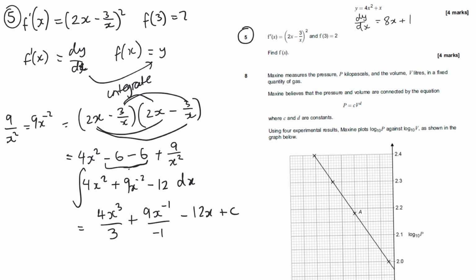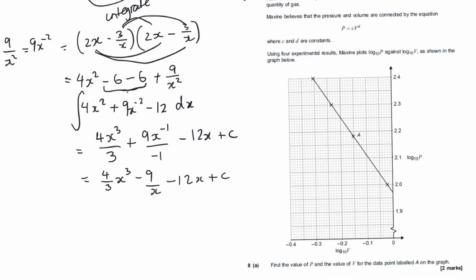Now I'm going to simplify this down into 4 over 3 x cubed, and then dividing by minus 1 leaves me with minus 9x to the minus 1. Remember, x to the power of minus 1 is the same as 1 over x, so that's minus 9 over x minus 12x plus c.